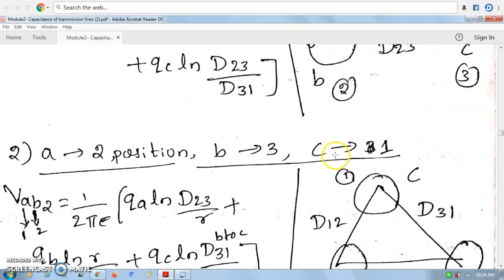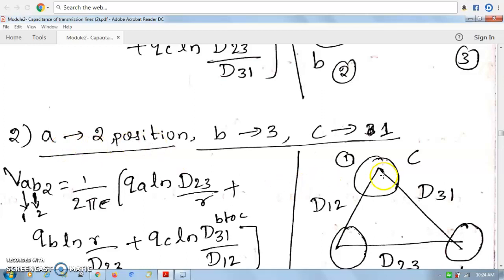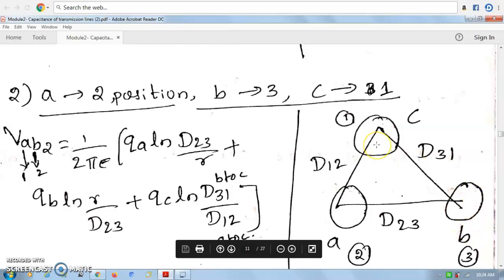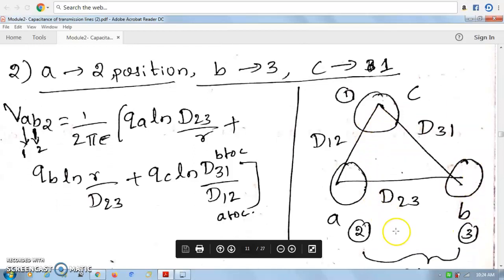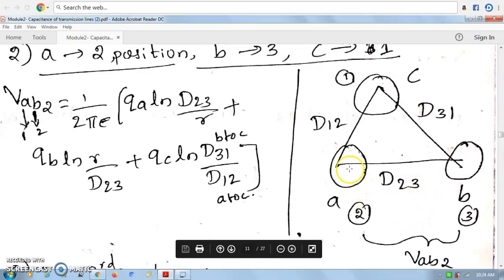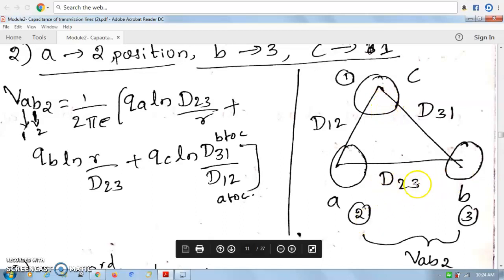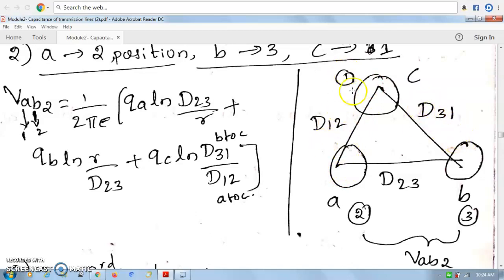Next, when A is shifted to the second position, B is shifted to the third position, C to the first position. Therefore, with A at the second position, QA into ln of D23 divided by R plus QB into ln of R divided by D23, the reverse. Then for QC, VAB is equal to BC divided by AC, D31 divided by D12.